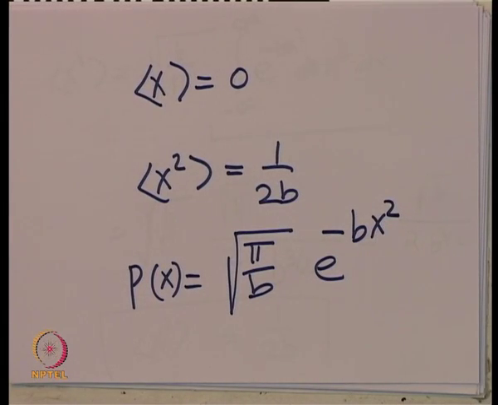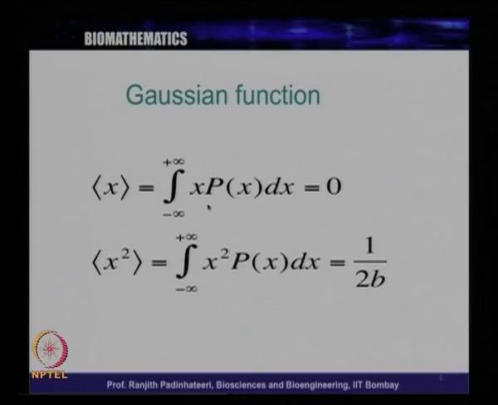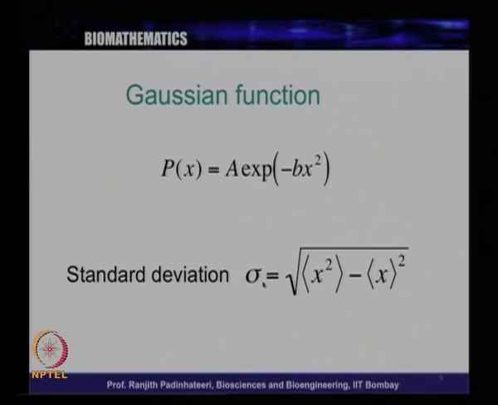This is what is written in the slide roughly here: x average is the integral of x p of x dx, which is 0, and x square average is the integral of x square p of x dx, which is 1 over 2 b.